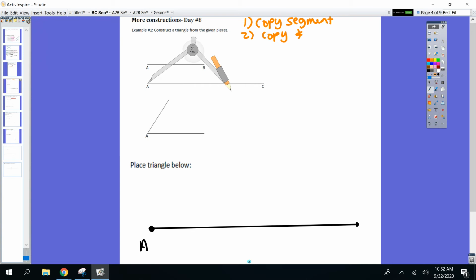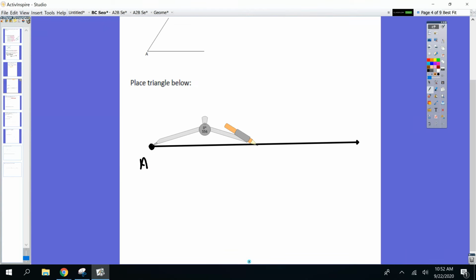My compass doesn't open up that far, so I'm just going to have to do my best here. Then come down and copy it onto the ray, and where it crosses your ray, label that either B or C, depending on what segment you just copied.